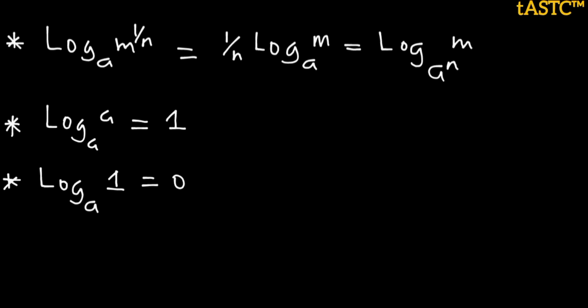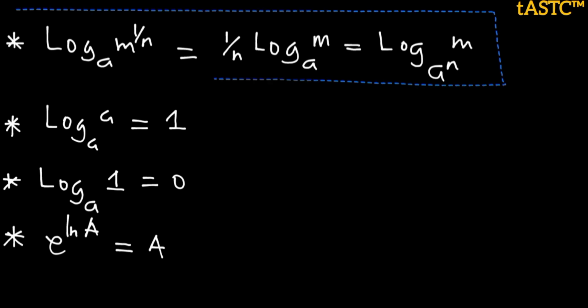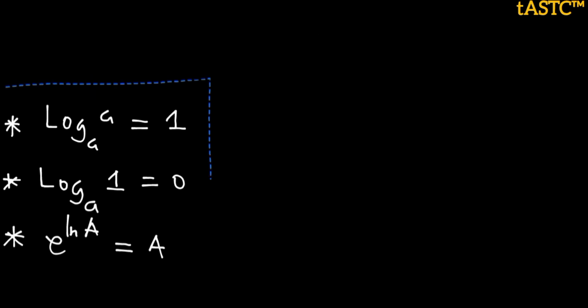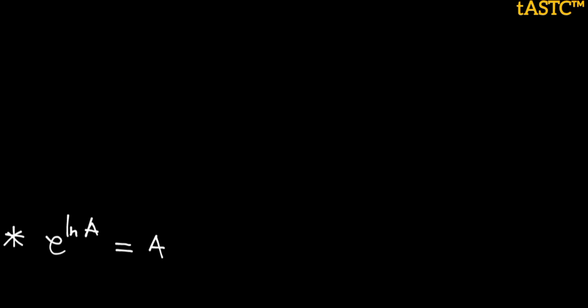Now here is another one. If you had e to the ln a, the answer is going to be equal to a. Let's try to prove this. So first off, we're going to say that let b equal e to the ln a. Now next up, I'm going to take ln.